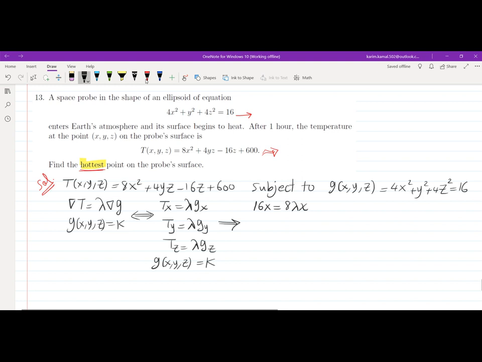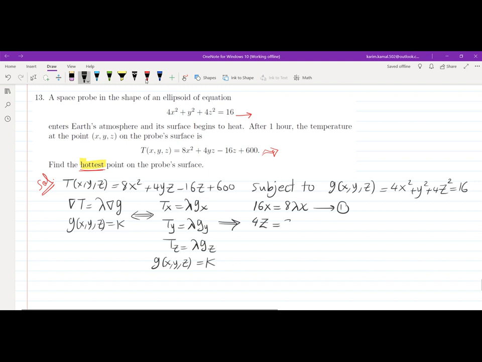Second equation Ty, we will differentiate the function T with respect to y. It will be 4z equals lambda Gy, which will be equal to lambda y, and we can call it equation number 2.